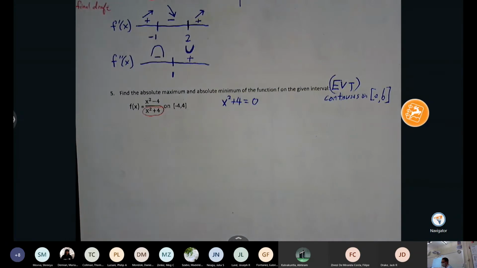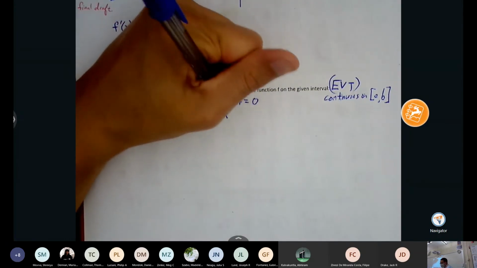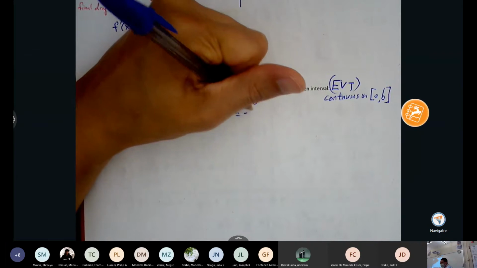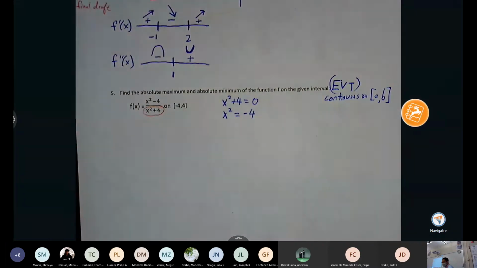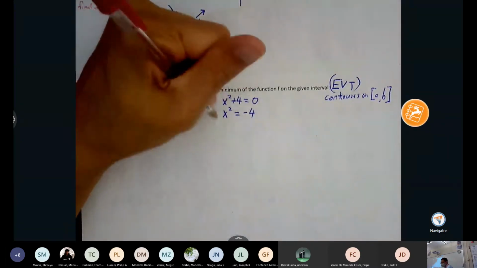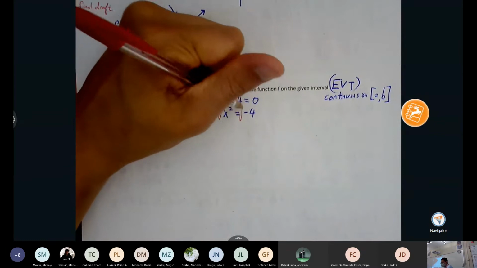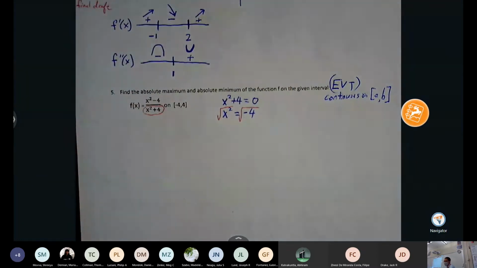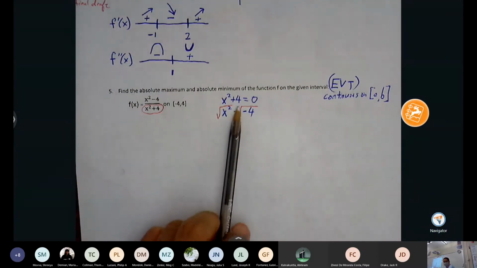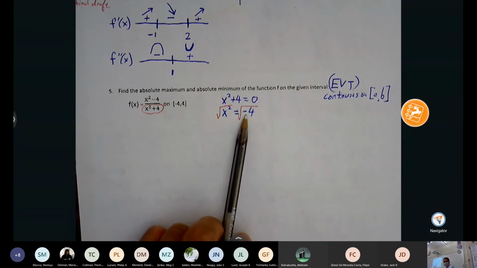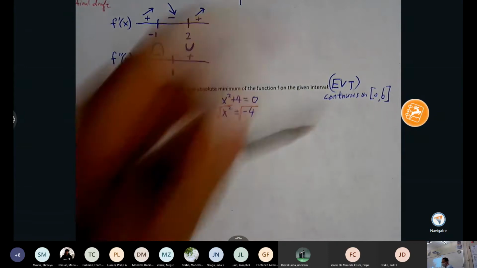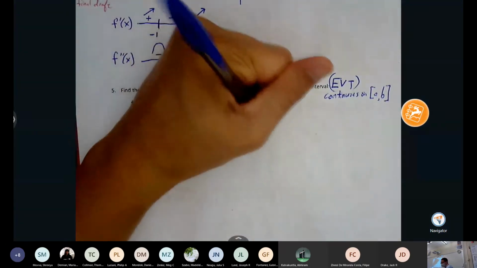So if I try to solve for x, what's going to happen here? So here's the thing, right? There's a negative inside the square root. Is that a real number? Okay, this is an imaginary number.